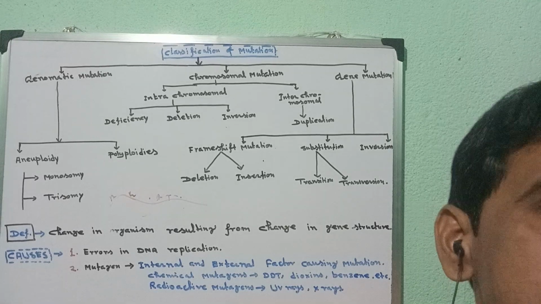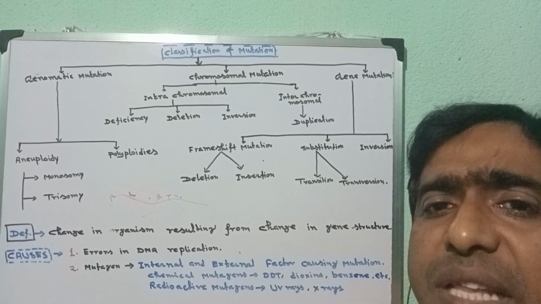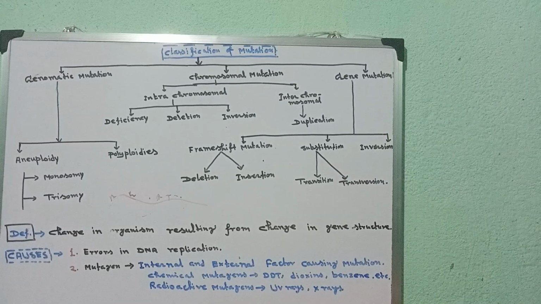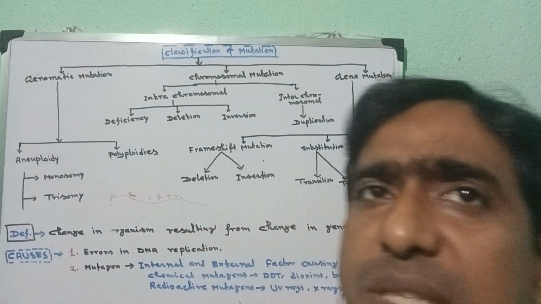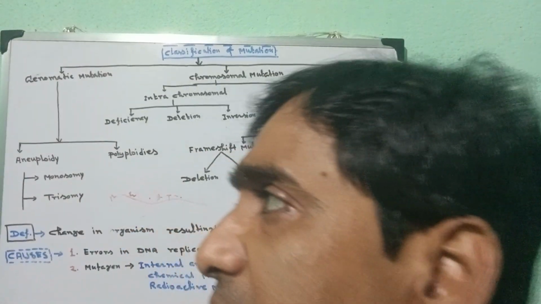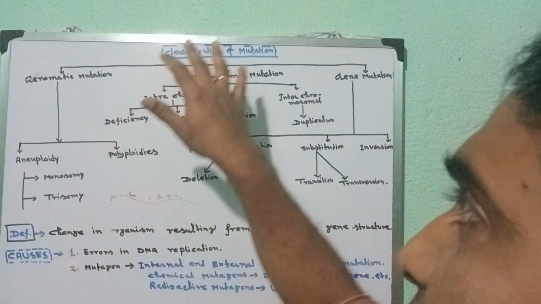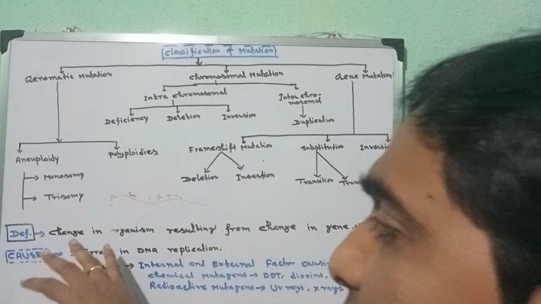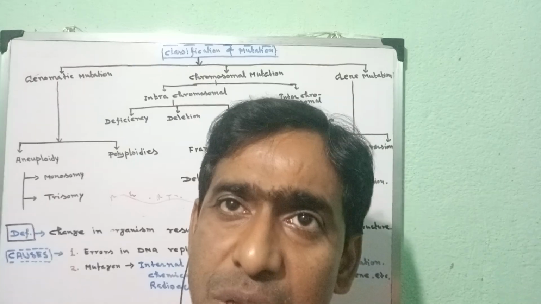And number three, some mutations may result in a protein that does not work at all. So this is all about the effects of mutation. In short, this is an idea about mutation: its classification, its definition, its causes, and its effects.